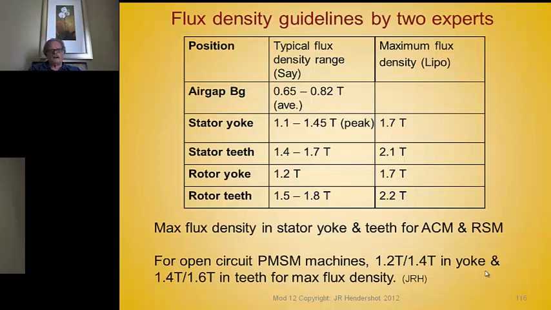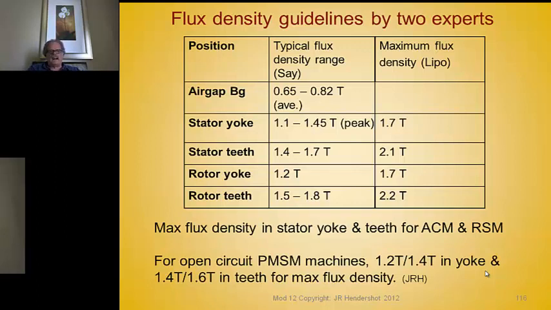There's one distinct difference between these two guys that I think is interesting, and that is that Say never designed any induction motors for inverter duty, because you didn't have inverters in those days. All his work was done with fixed voltage and frequency, 50 or 60 hertz machines. And Lipo, most of his work was done with induction motors that had to be inverter driven, because that's more modern, and the University of Wisconsin is very famous for flux vector control of induction motors.